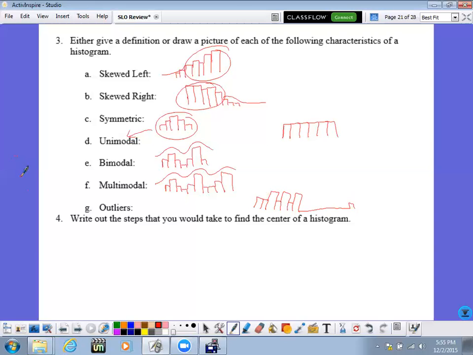Write out the steps that you would take to find the center of a histogram. In order to find the center of a histogram, we're going to have to find frequencies of each column. Add them together. Add them together.